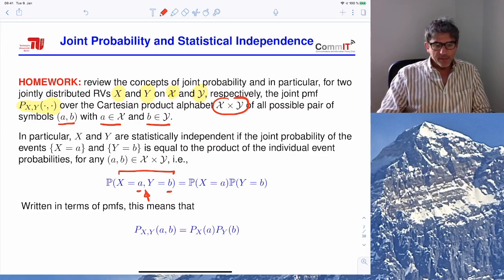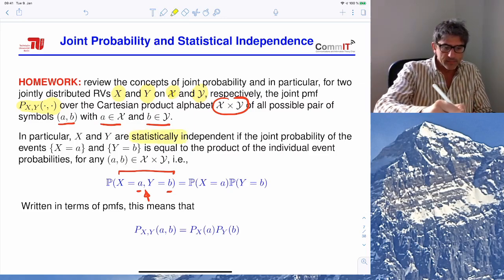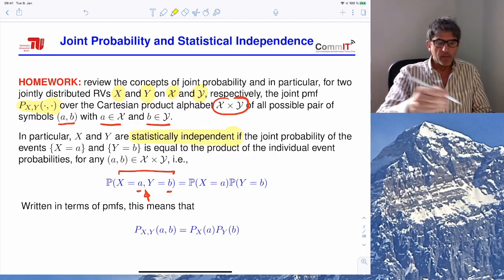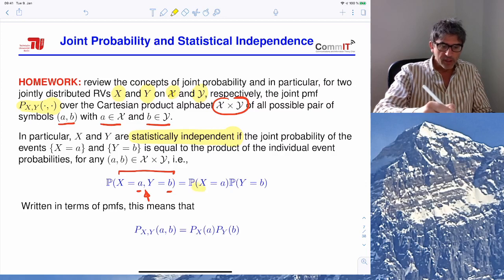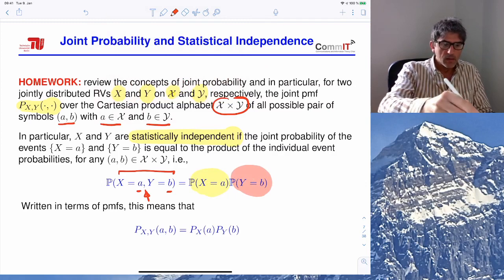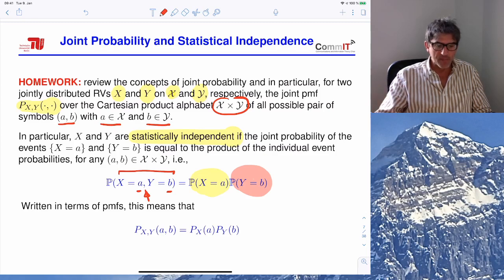And we say that the two random variables are statistically independent if the joint probability, so the probability of the joint event, factors into the product of the individual probabilities. So if the joint probability is equal to the product of the individual, also called marginal, probabilities, and this happens for every a and b, of course, not just a special case, then we say that X and Y are statistically independent.